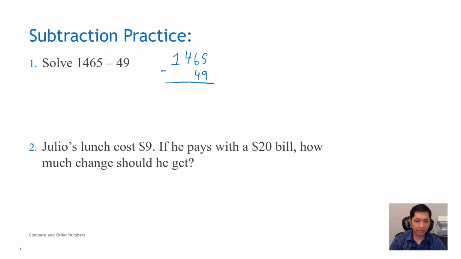As was shown previously, I cannot subtract 9 from 5 and get a positive number, so I'm going to borrow from the place value immediately to the left. And this 6 becomes a 5, and this 5 becomes a 15. So 15 minus 9 is 6. 5 minus 4 is 1, and I drop down the 4, and I drop down the 1. So the answer is 1,416.